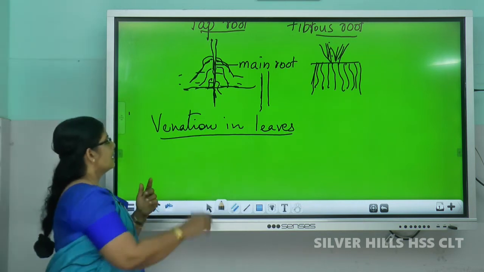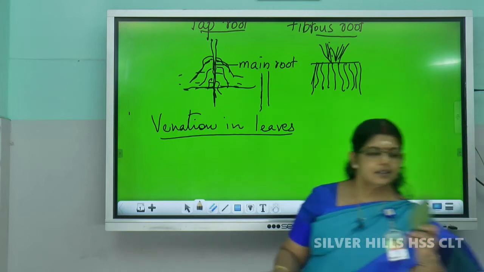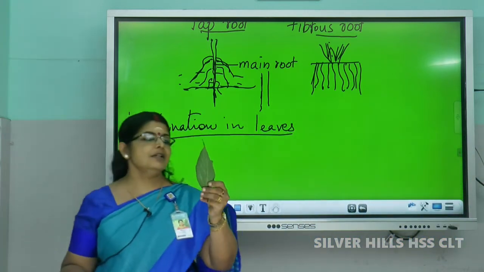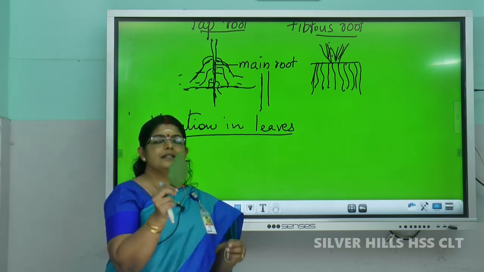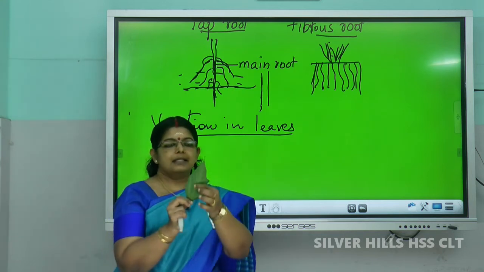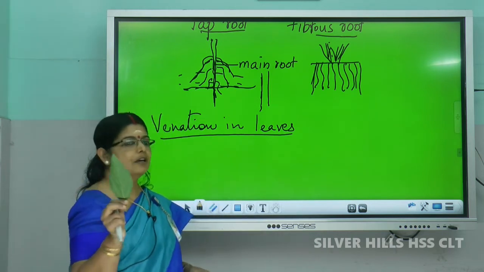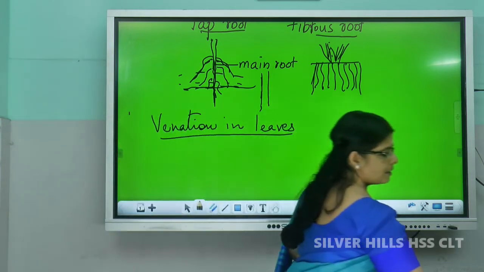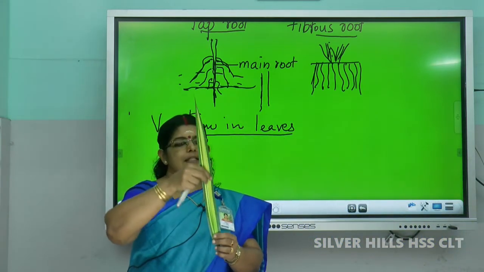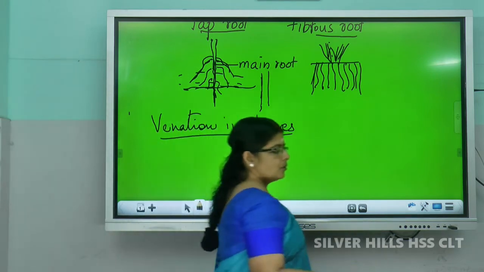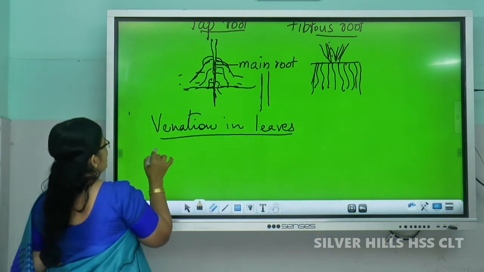Like that, leaves also have different vein-like structures arranged in different manner, and in this type of leaf you can see the veins are arranged in a network manner, and here you can see the veins are arranged parallel. So there are two types of venation in leaves.